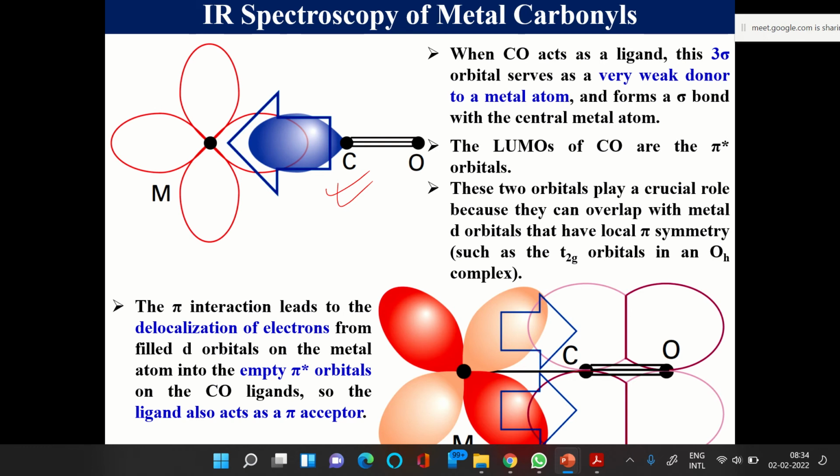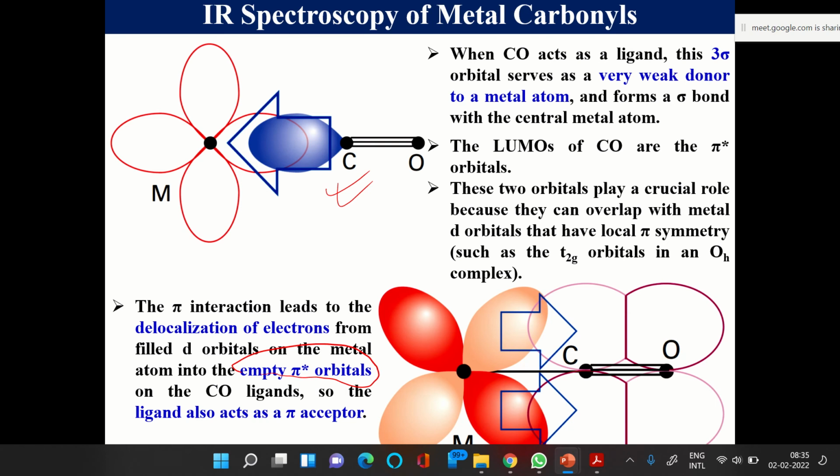A lone pair which was only feeling the attractive force of one nucleus, the metal's nucleus, is now delocalized, experiencing the force of all the nuclei. It is now available throughout the orbital. With the empty pi star orbital on CO, you are achieving stabilization in this system.